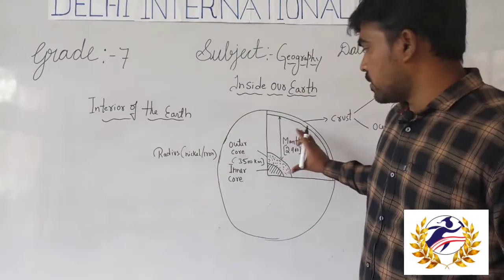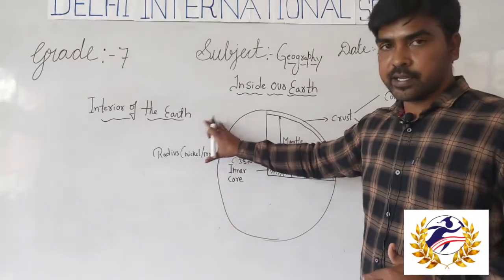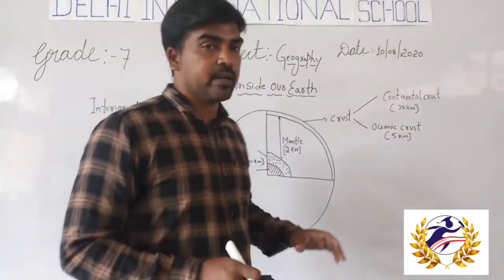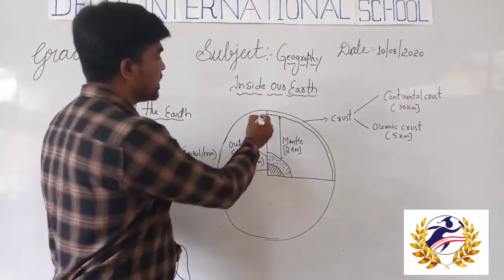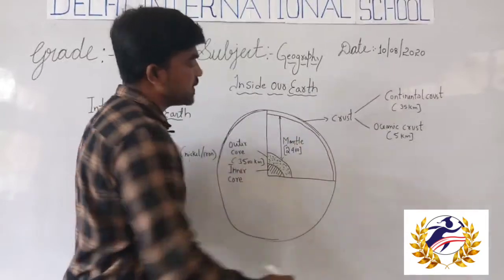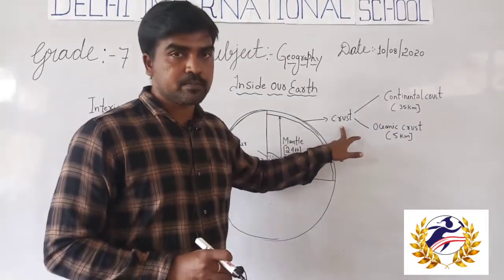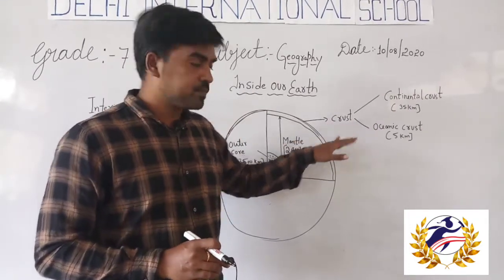I have written the diagram of the interior of the earth. I will explain one by one what is there and what it is called. The outer layer of the earth's surface is called the lithosphere, and we also call it the crust.